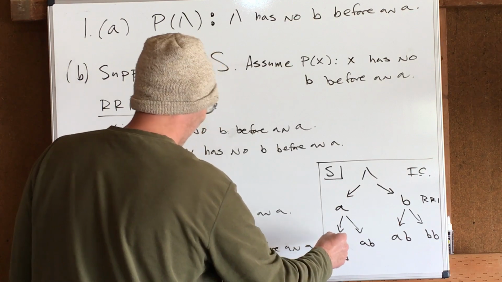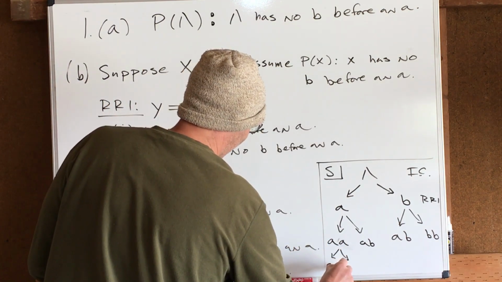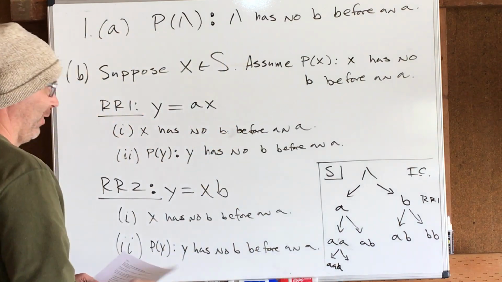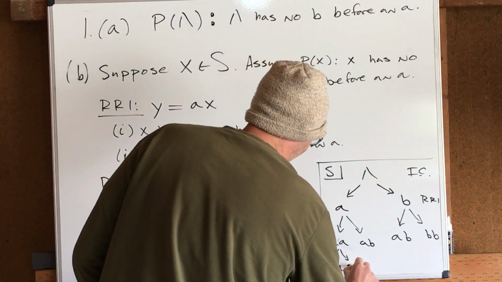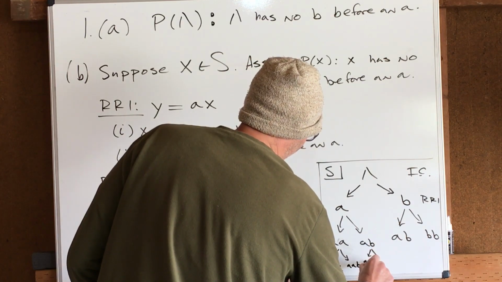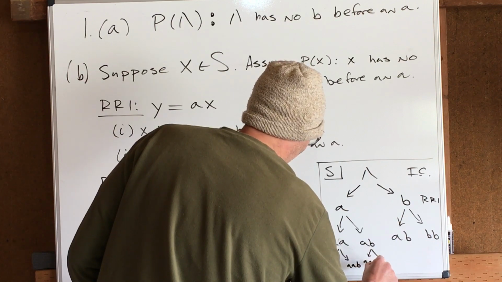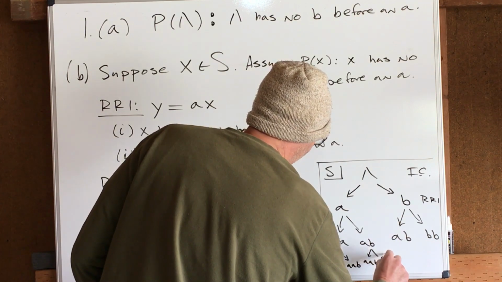Applying the recursive rule, we get AAA, or AAB, or here you get A before AB, or ABB.